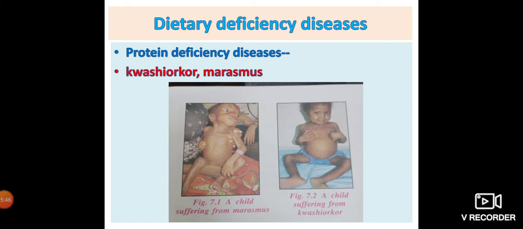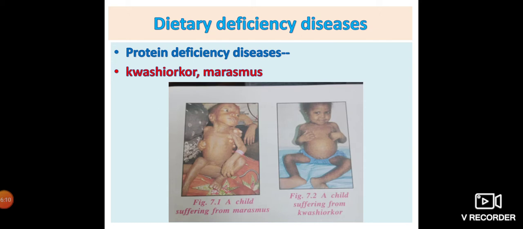The deficiency of protein causes diseases such as kwashiorkor and marasmus. Have to learn, it is important. Which are the examples for protein deficiency diseases? Kwashiorkor and marasmus are examples for protein deficiency diseases.